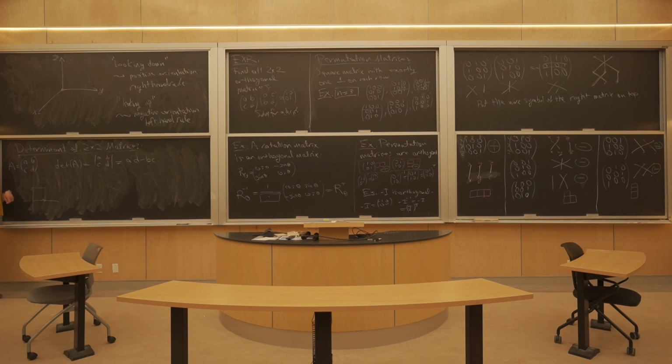Well, the first column of A, AC, really is where A takes this blue vector to. And likewise, the second column is where A takes this red vector.